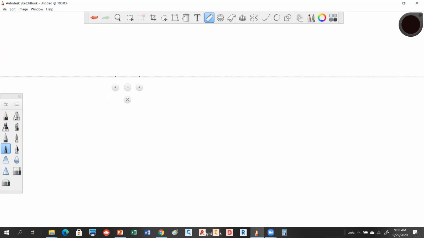Pen's great when it works, but sometimes it turns itself into a different mode. Okay. Let me try getting out of here a minute and get back in.